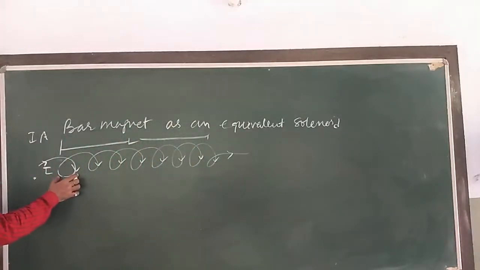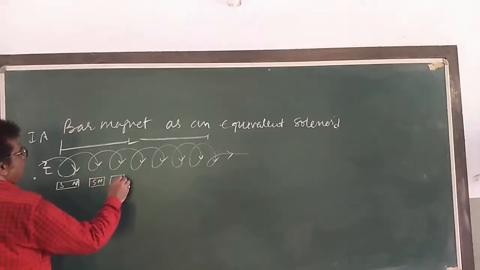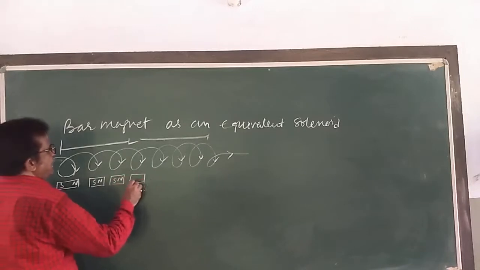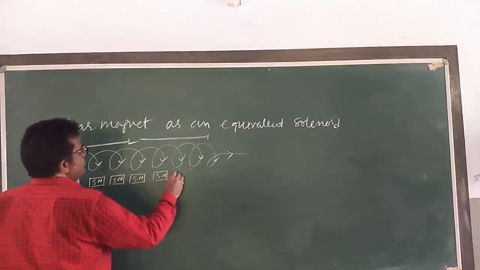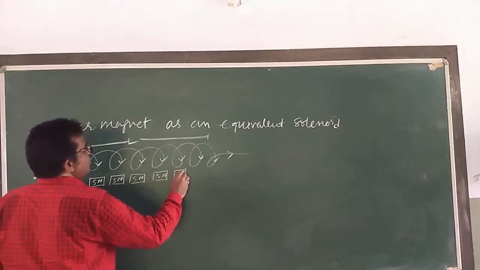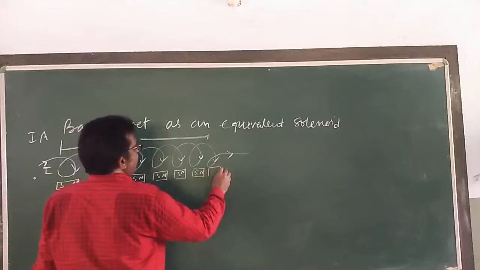Each turn behaves like this: north pole, south pole. Similarly here, north pole, south pole, north pole, south pole, like this.